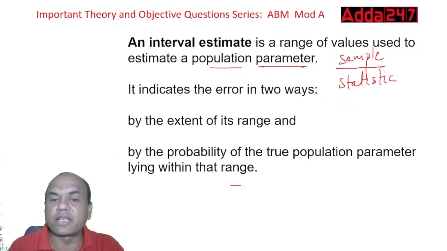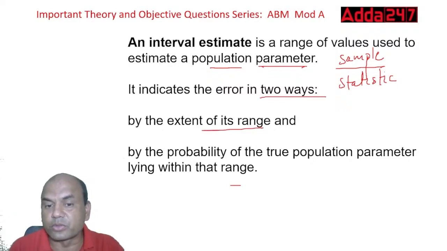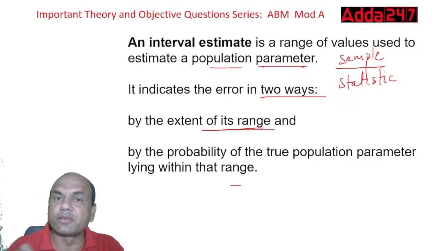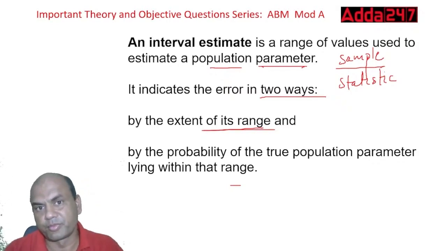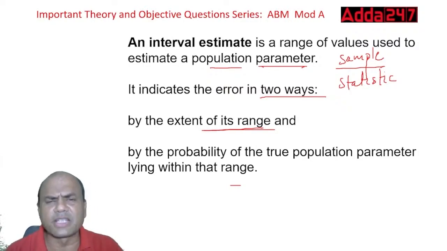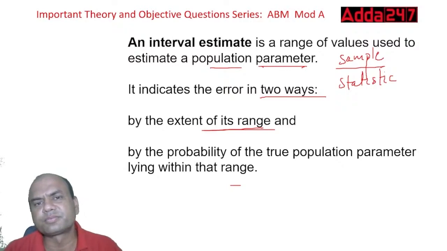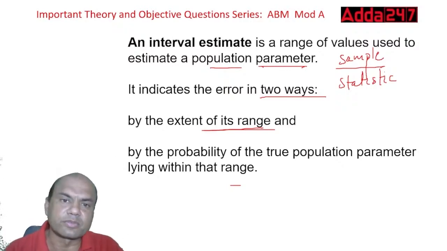It indicates the error in two ways: the extent of its range, meaning how far it can go. Suppose I ask you what India's score will be. Say India is playing and I ask you, in 20 overs, what will be India's score?